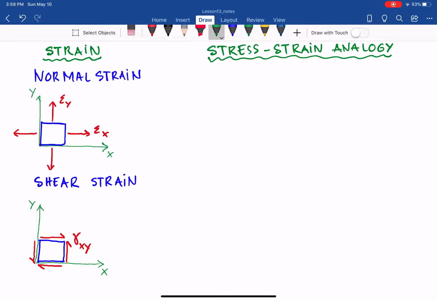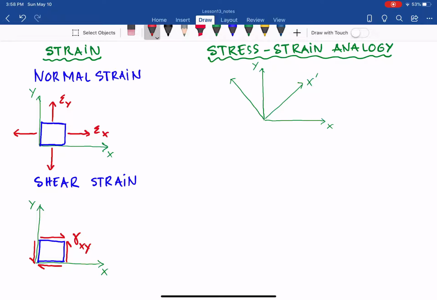So in the stress transformation, as you can see, we have the original coordinates X and Y, and that is given sigma X, sigma Y, and tau XY. We want to know what the normal stress and shear stress are if we rotate the plane by angle theta from the original plane.